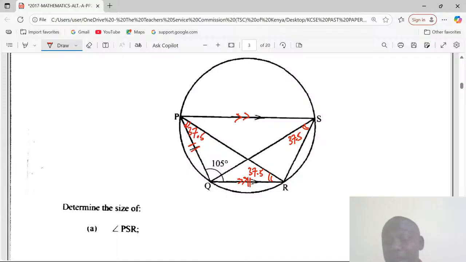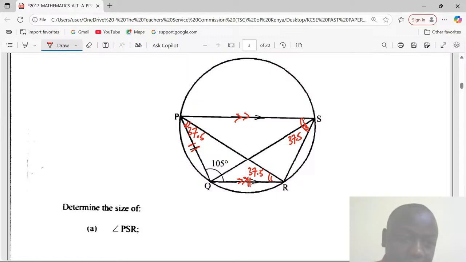And they are supposed to add up to 180. So 180 minus 105, we get 75. So the whole of the angle at S should be 75 because it is opposite to the angle at Q.